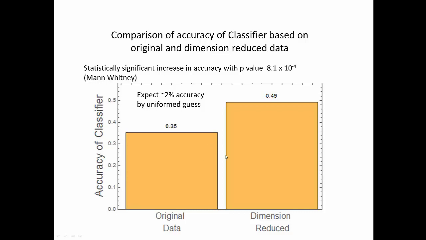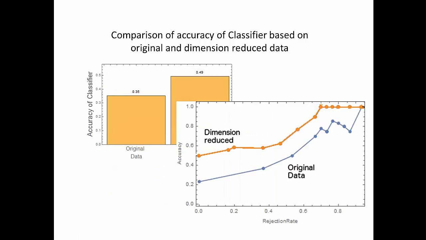So there are other ways of observing this difference in accuracy as well. We can look at the accuracy as a function of rejection rate. So what this means is, if we set a threshold below which the probability of belonging to a particular class is too small, we reject that data point as being unclassifiable.